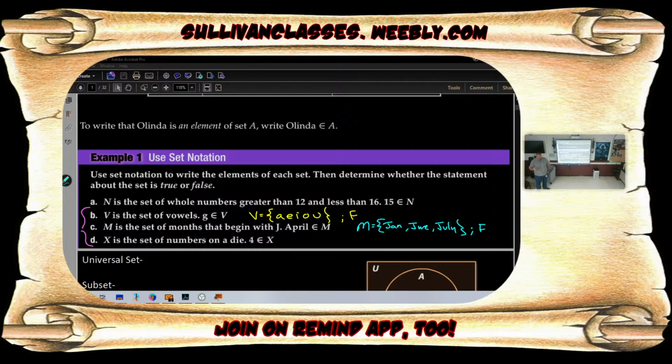Technically, a coin is considered a D2. So we have X is 1, 2, 3, 4, 5, 6, or the Munchkin head if you're playing Munchkin. And yeah, I'm pretty sure 4 is in there on a normal D6.